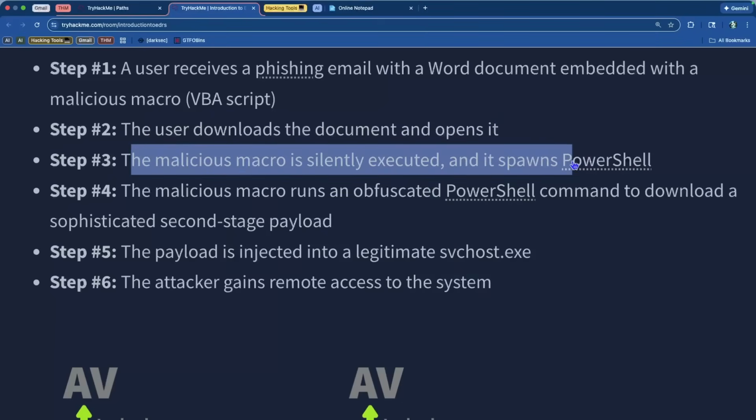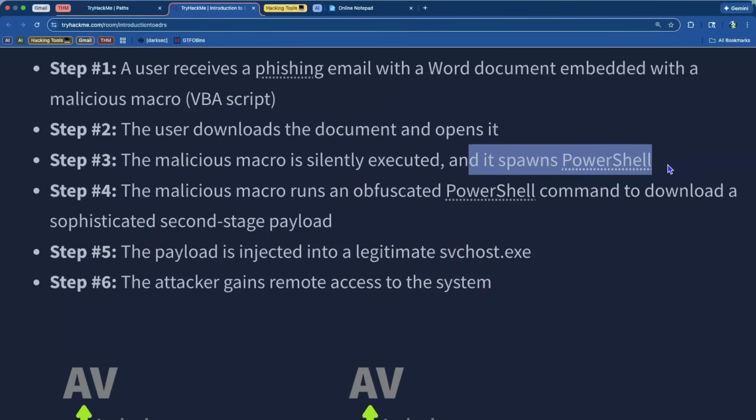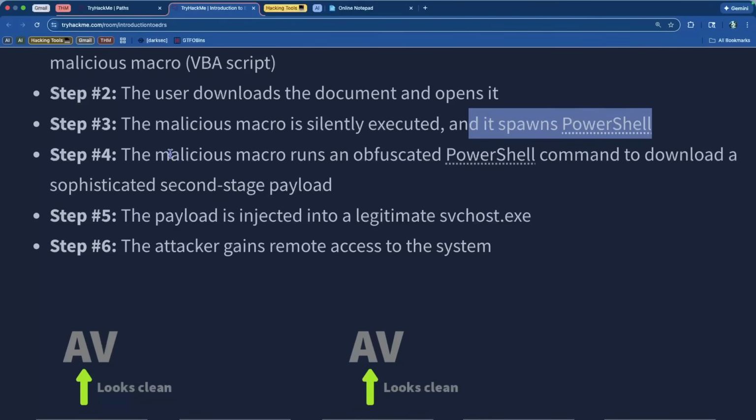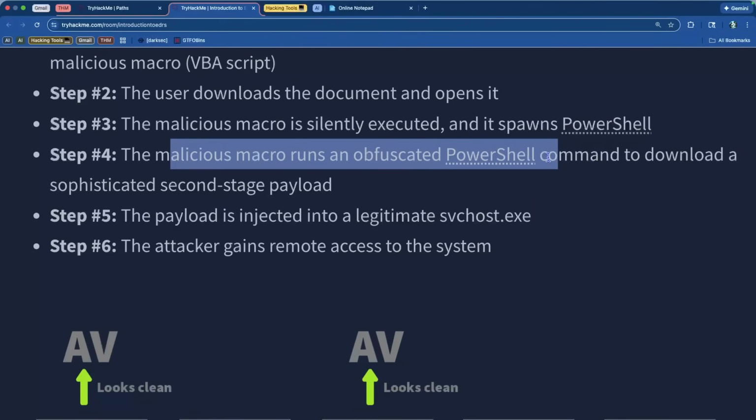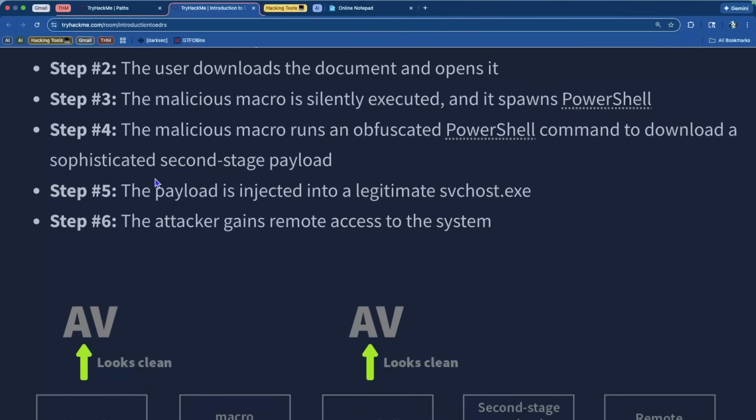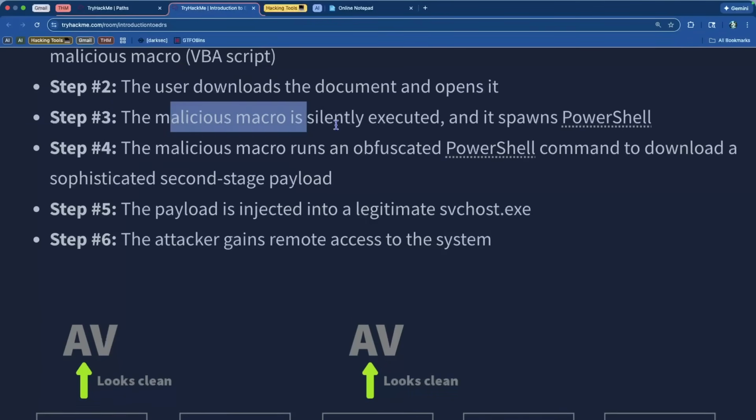Step 3, the malicious macro is silently executed and it spawns PowerShell. Step 4, the malicious macro runs an obfuscated PowerShell command to download a sophisticated second stage payload. The malicious macro doesn't really do much itself other than referring to another website that will download a second stage payload without anybody noticing.